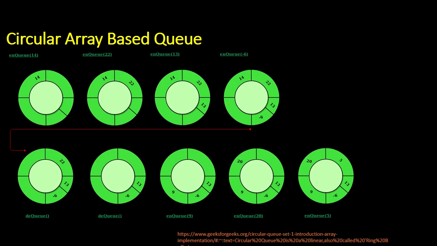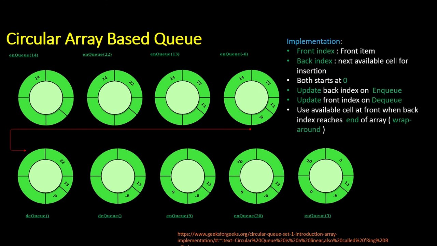Right. So for the circular array-based queue, this is our visual representation. In its implementation, the front index is the front item. Alright, and the back index is the next available cell for insertion.